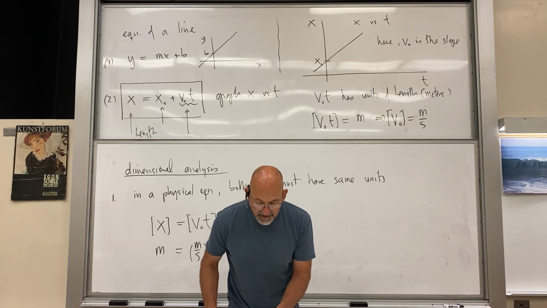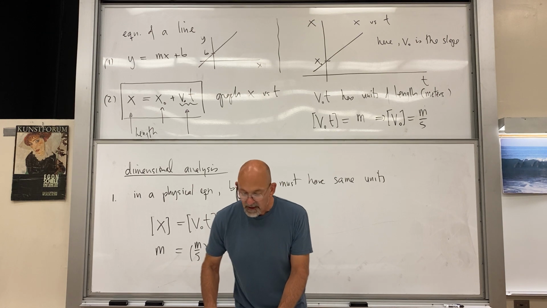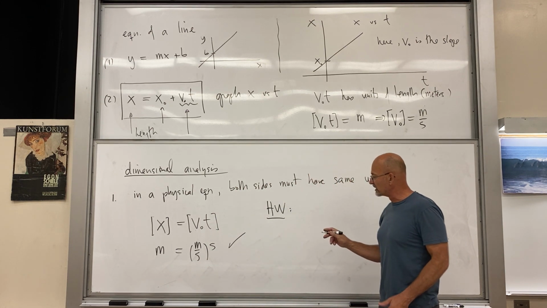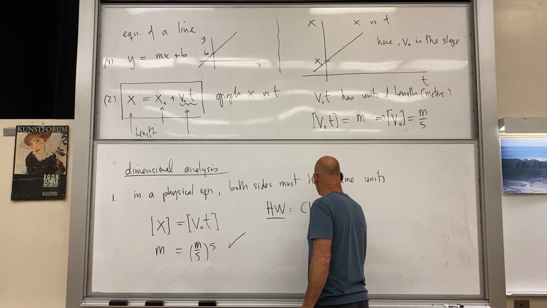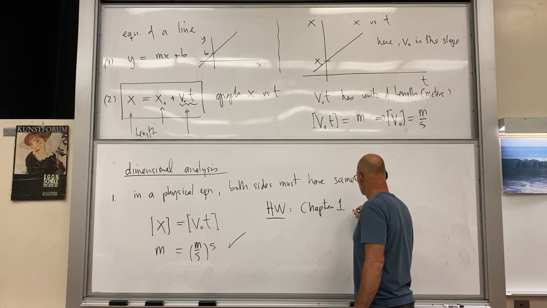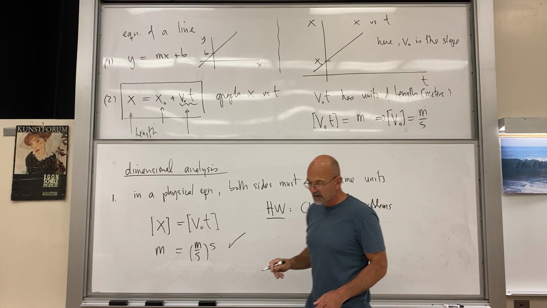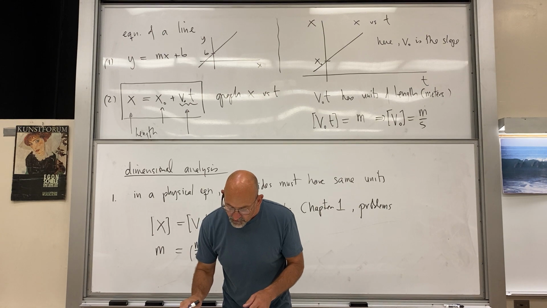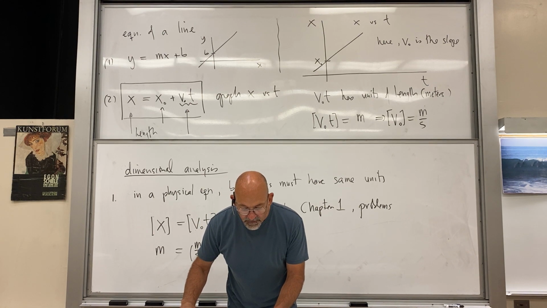So in this case, I'm going to do homework, and this is for next week, of course. So chapter 1, problems. And there are a couple of good ones here that I want you guys to look at. There's a trigonometry review, and there's some trig type of problems.